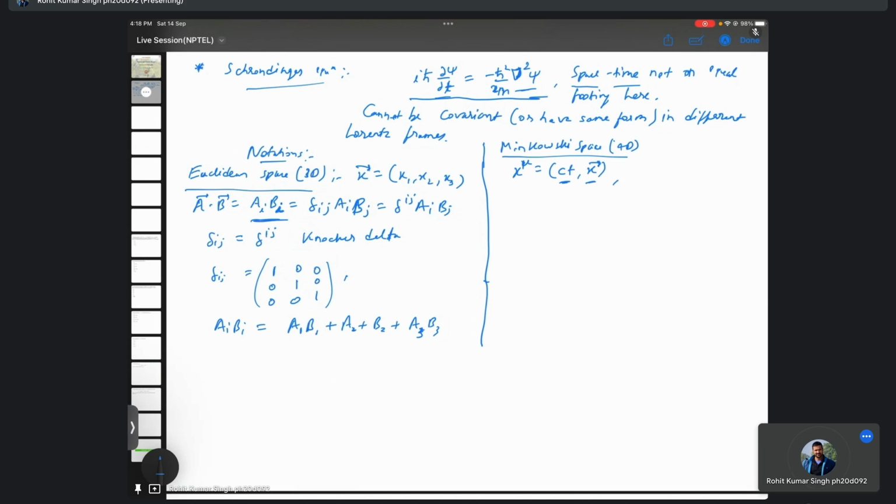There are two distinct possible ways. The first is this, and the other one has a lower index, and this comes with a negative sign for the spatial part. But these two have the same information, just with the sign change.